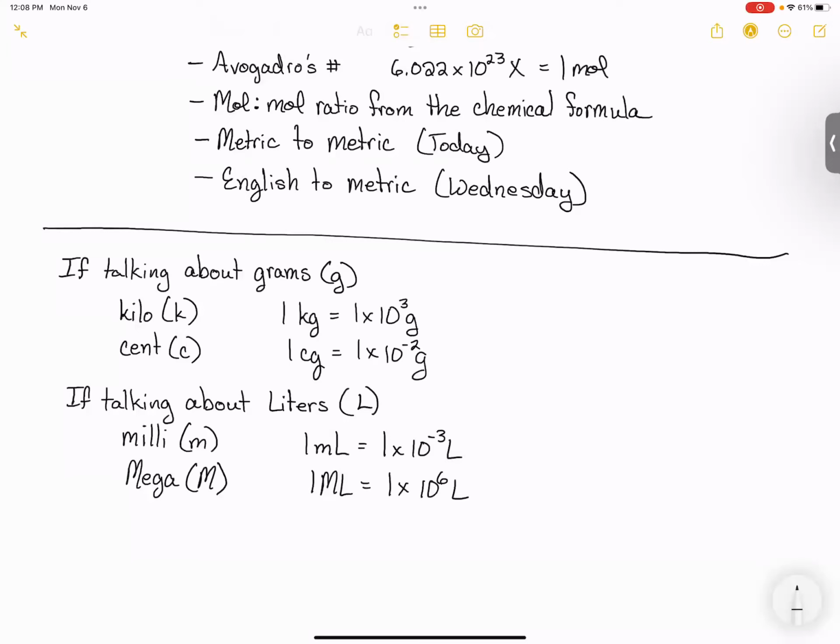The prefix always has a 1 with it. The unit by itself is always associated with the scientific notation. So that's how you can read that table.